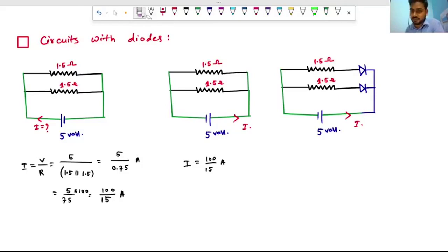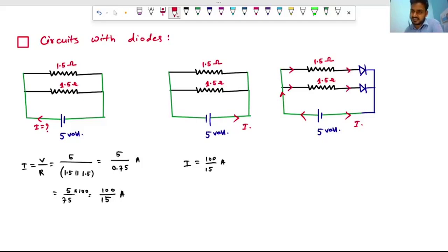Now first, the terminals will be like this. Current will flow from the 5 volt battery, will be divided here into two segments like this, and then current will flow up to the diode.